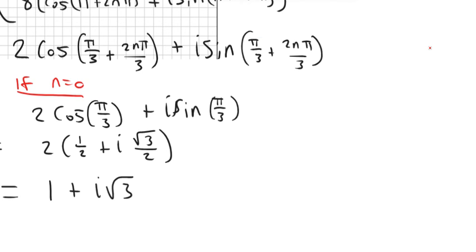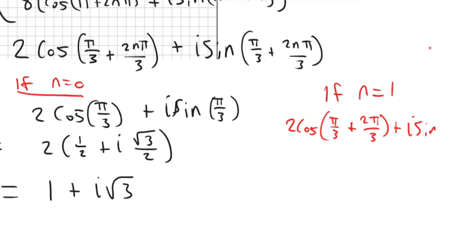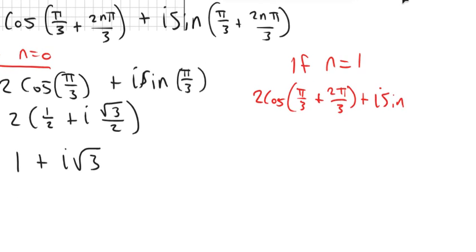But n might not be 0, so if n equals 1, then let's put it all in again with 1, so we get 2 cos of pi over 3 plus 2 pi over 3 plus I sine, and it'll be the same thing again, pi over 3 plus 2 pi over 3.